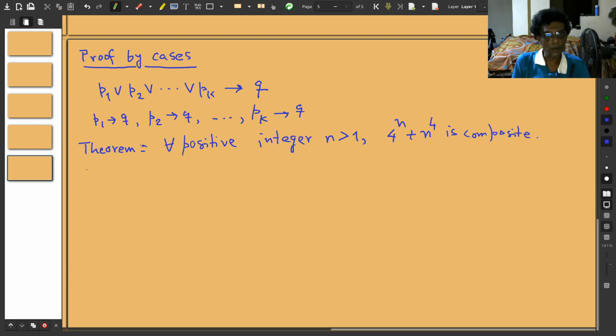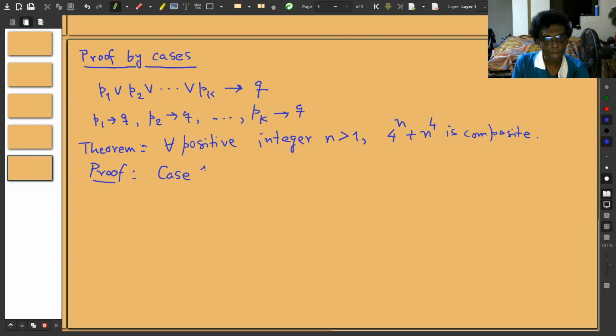Okay, so how do I prove it? I will consider two cases. n is a positive integer, it can be either even or odd. So I consider two cases. That is why it is called proof by cases.